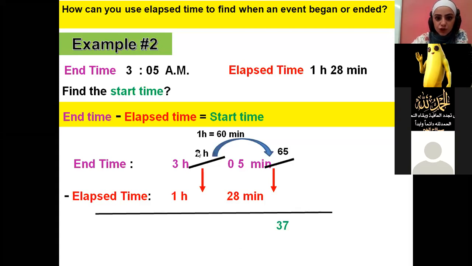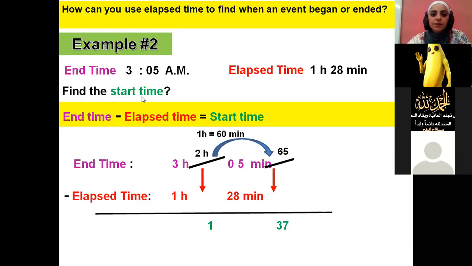And the hours, 2 hours minus 1 hour is 1 hour. So now what are we asking? We are asking the starting time. You started at 1:37 a.m. Of course, because you already finished at 3:05 a.m. So if you go back 1 hour 28 minutes, you are still in the a.m. duration. Excellent, Rama. Thank you.